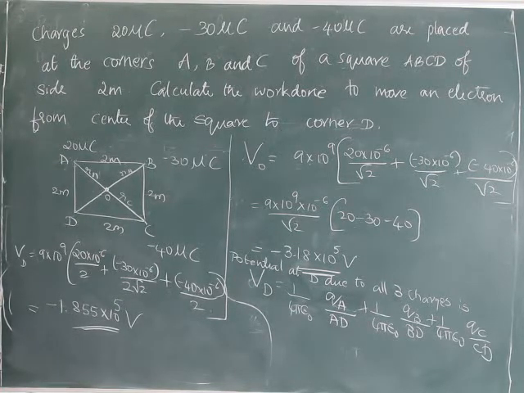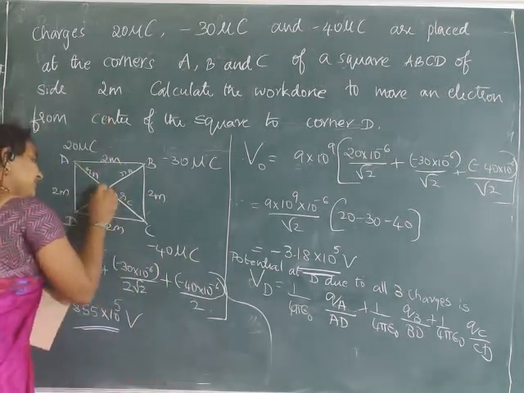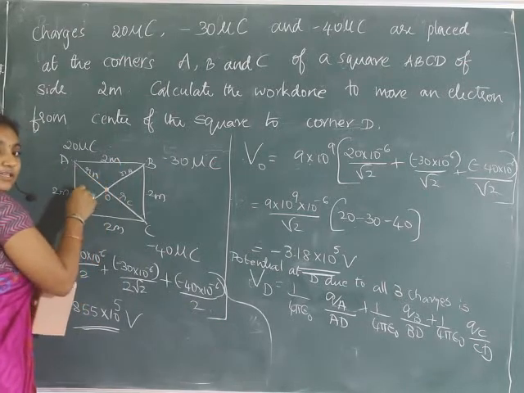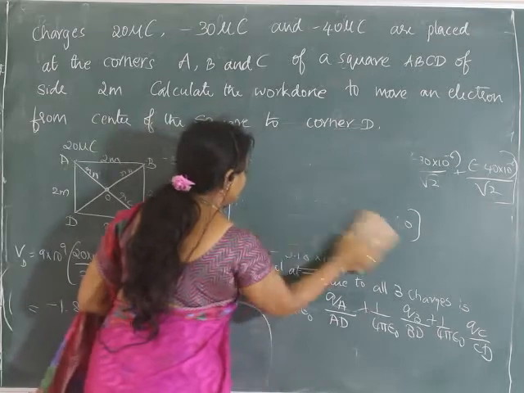So now the next question is, what is the work done? You have to calculate that itself, not the potential. How to calculate the work done? To calculate the work done, you should know the potential difference between these 2 points. That potential difference into the charge gives the work done.